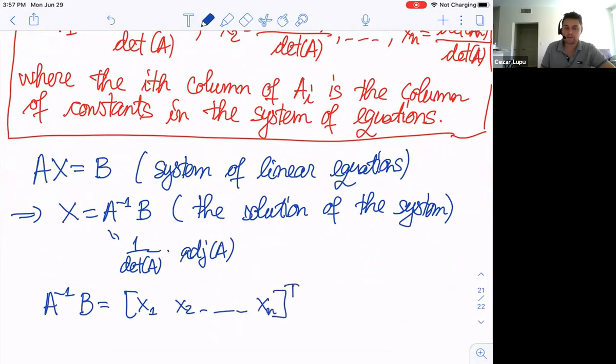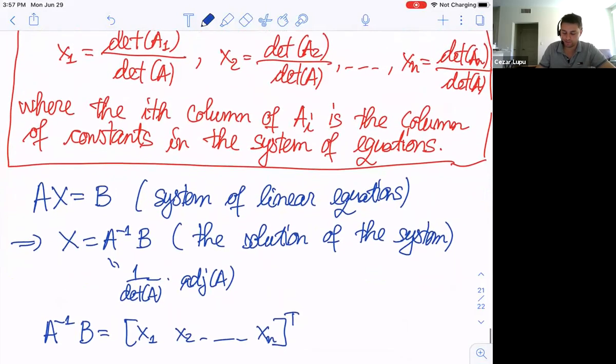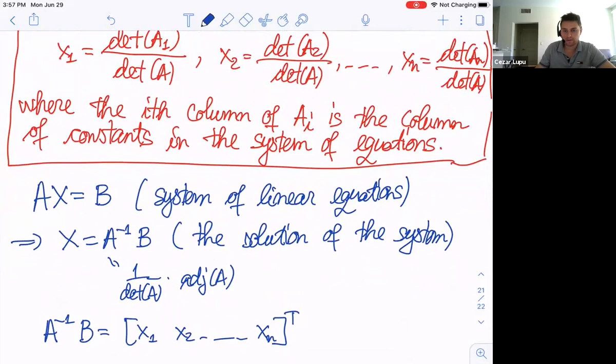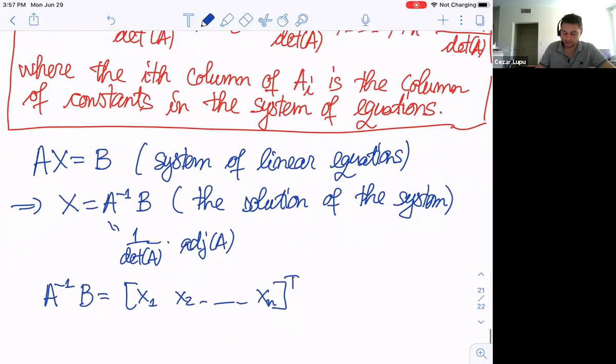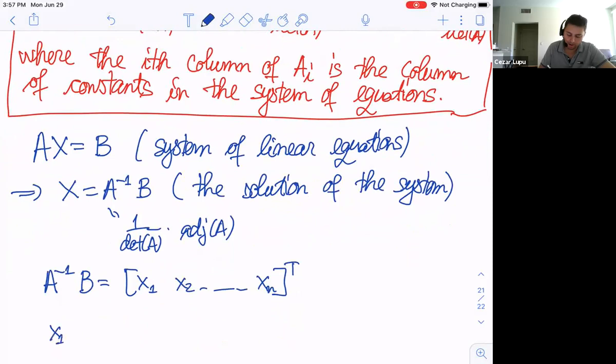After you compute all this and set them equal, you'll get that this is nothing else than the formulas that we have expressed for x. For example, x1 will be 1 over the determinant of A times B1 times C11 plus B2 times C21, and we keep going.